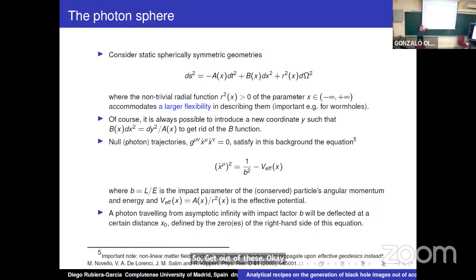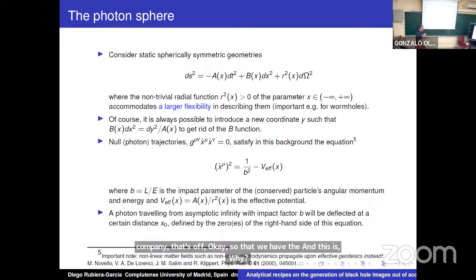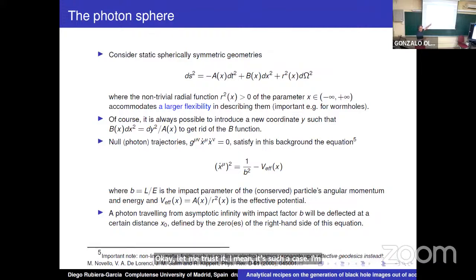So as I said, you can always choose new systems of coordinates to remove the b component in terms of a to the minus 1. Okay. So to have the g_tt equal to g_xx with indices up, like in Schwarzschild, but having in such a case a non-trivial behavior in the radial function. Okay, that's the approach. This is completely okay.